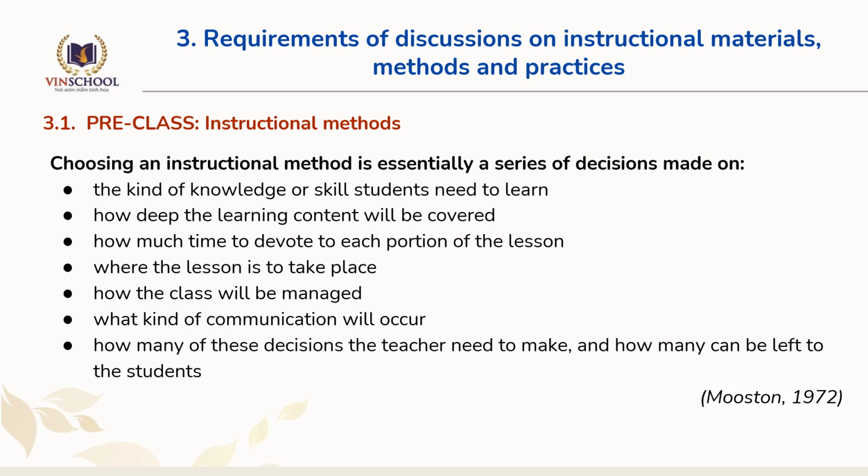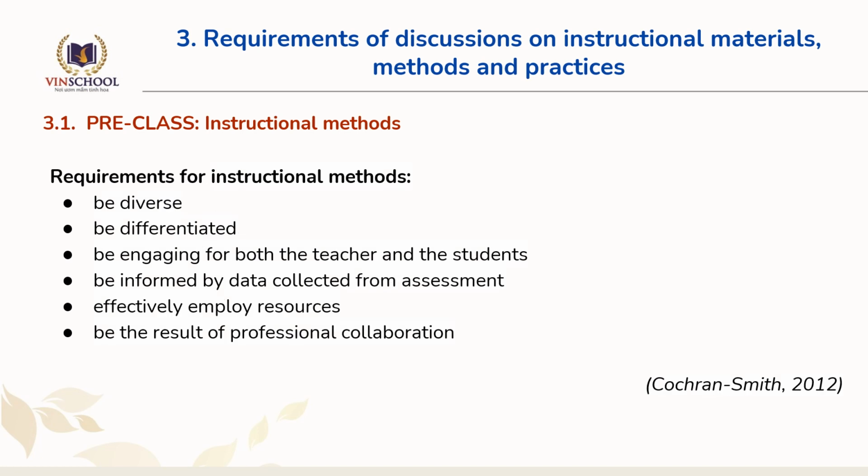In 2012, Marilyn Cochran-Smith of Boston University, along with other researchers, laid out another set of criteria to evaluate teaching methods. According to this research, good teaching methods need to be suitable for a diverse set of students, be differentiable for students of different abilities, be engaging for both the teacher and the students, be informed by data collected from assessment, effectively employ resources, and be the result of professional collaboration.